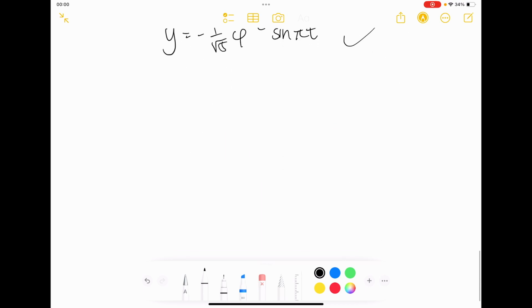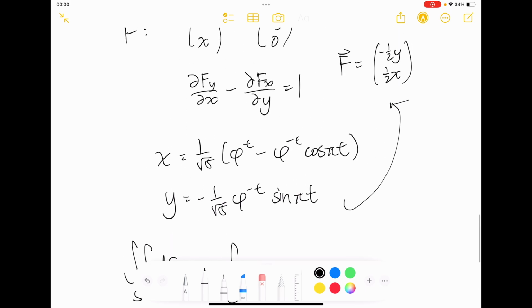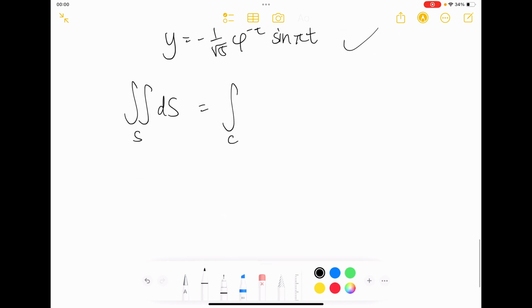And we know that when we're looking for the area, S ds, we're going to have the curve integral of the vector field dot dr, right?